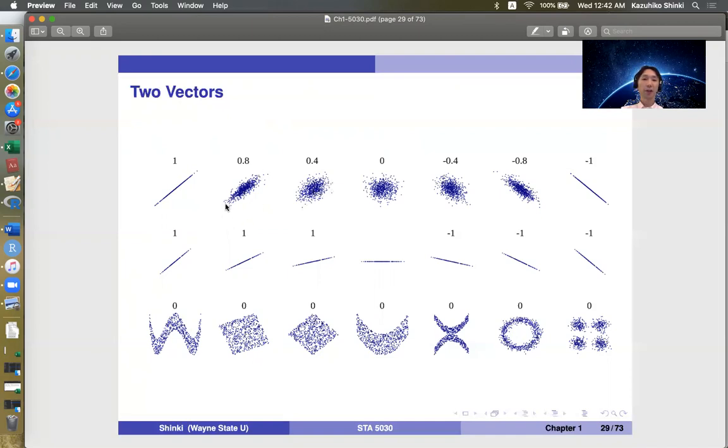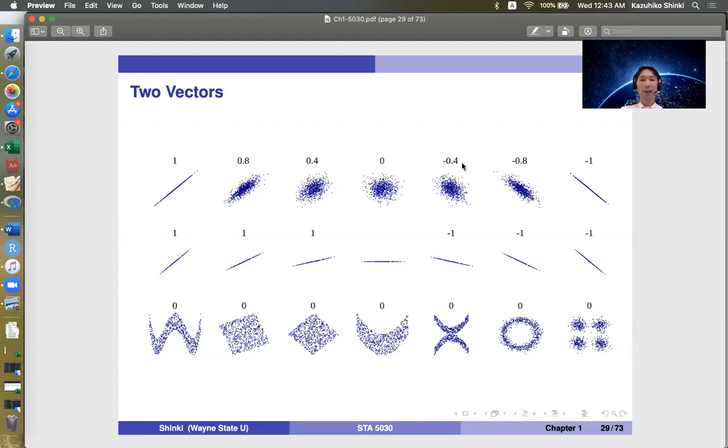If the correlation coefficient is 0.8, the relationship is stronger. And if the correlation coefficient is 1, it's a perfect relationship. That is, all points xi, yi are on the same line with a positive slope. That is a correlation coefficient of 1.